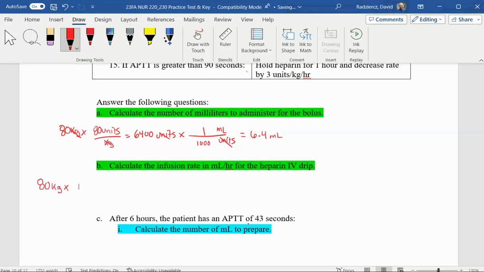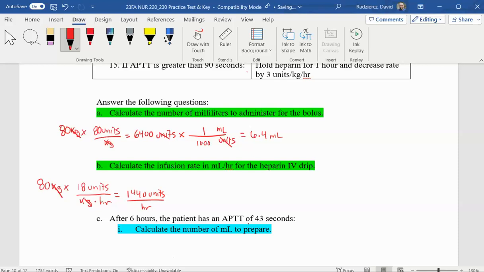This time I'm going to multiply it by my 18 units per kilogram per hour. 80 times 18 gives me 1,440 units per hour. Now this should look familiar, right? We have units per hour, but we're going to milliliters per hour. So I'm converting flow rate to flow rate.